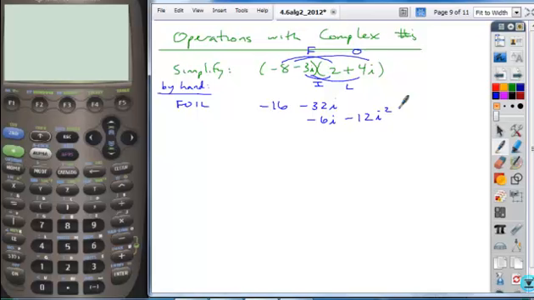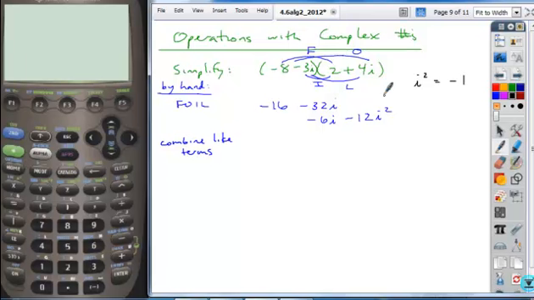And now, when you work to simplify or combine like terms, one of the things I mentioned, i squared itself is the value that you can replace with a negative 1.